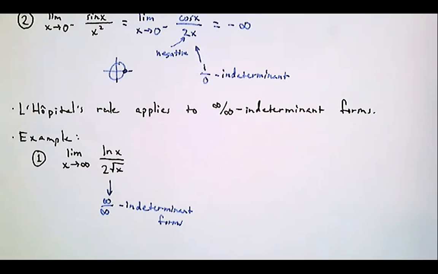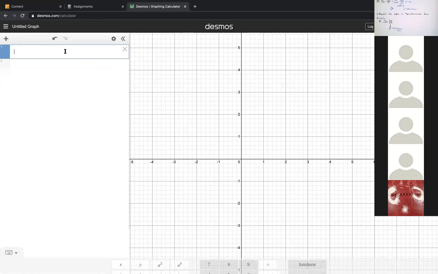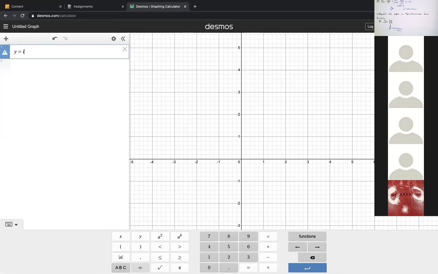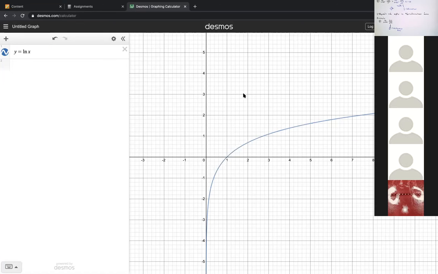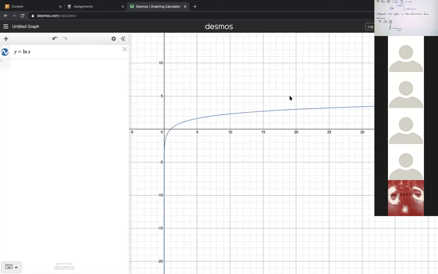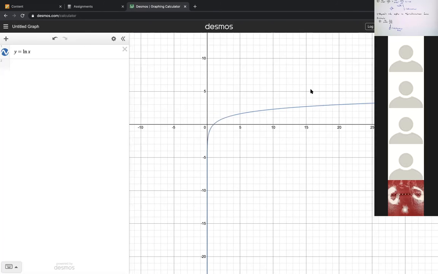And since I have Desmos already open, maybe we can just graph those functions. So the natural log, remember, looks like this. So it just keeps on getting bigger as you go to the right. It doesn't get big very fast, but it keeps on getting bigger.